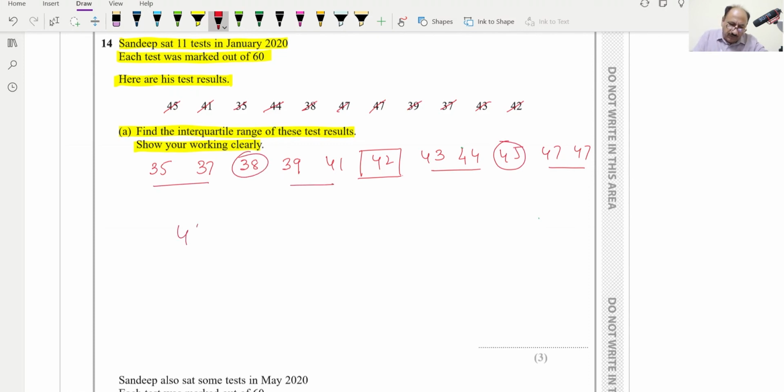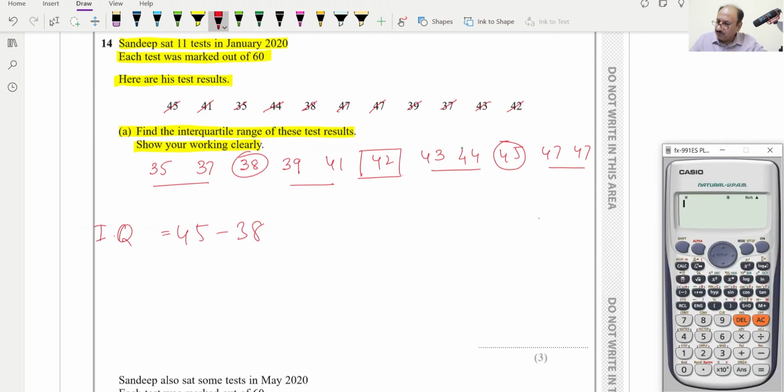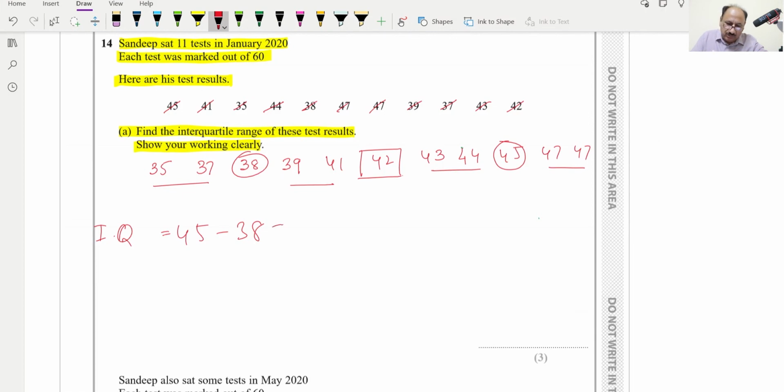So 45 minus 38 will be the interquartile range. 45 minus 38 is equal to 7. So this will be the interquartile range. This is basically the median, and this is the 75th percentile, and this is the 25th percentile.